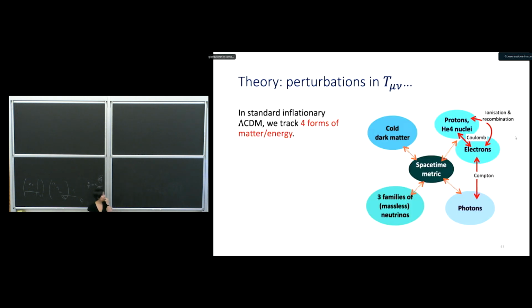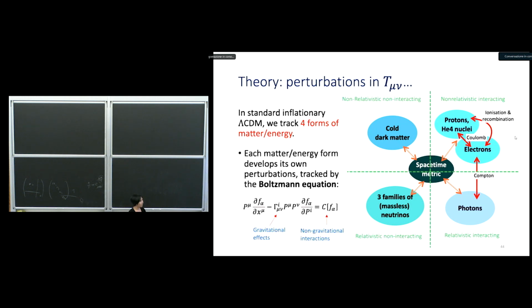Now, in standard inflationary lambda CDM, we are only interested in 4 forms of matter and energy. We have cold dark matter, neutrinos, protons and electrons, and photons. And this schematic here shows you how they interact with each other. Now, these 4 forms of stuff look like random things, but actually they're not, because they just correspond to limiting behaviors.